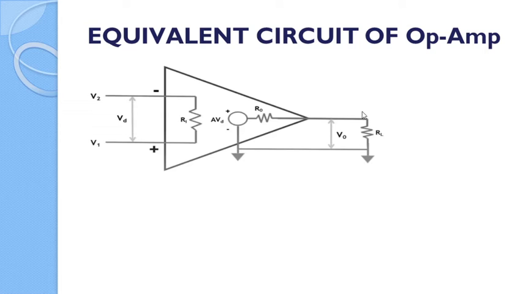It has two input terminals V1, V2, and VD is the difference of the input signal voltages, then input impedance, output impedance, and A into VD is nothing but the output voltage source.